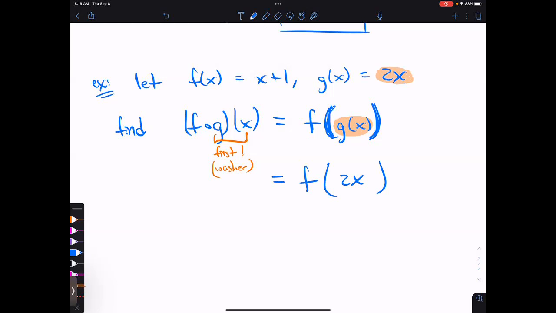Now we see what Emily said a second ago: you take whatever G is, well, G is 2X, and you replace that into the other function, into F, right? Because the way you read function notation is this thing is just a placeholder.